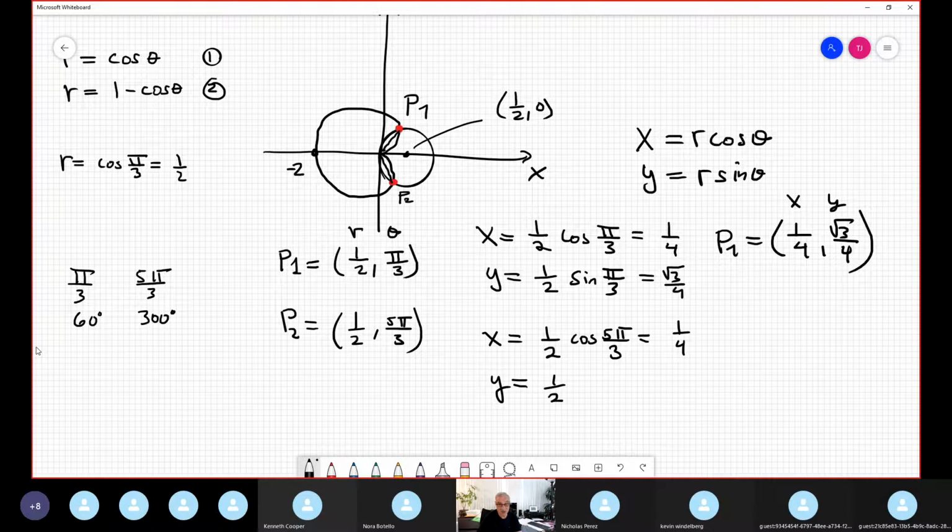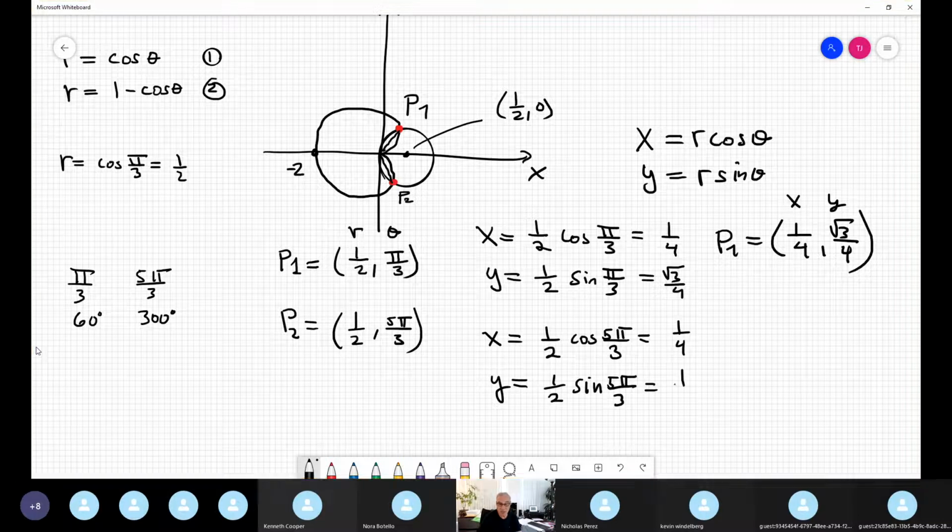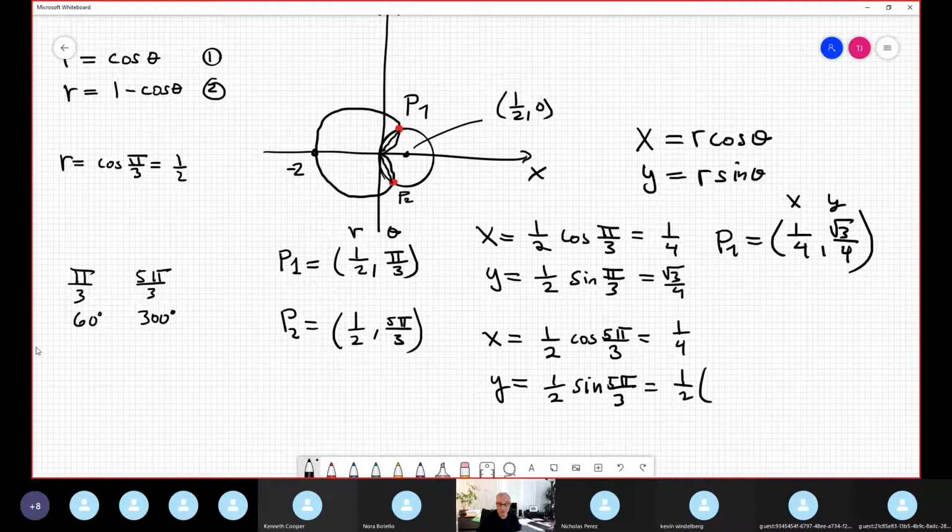So 1/2 times sine 5 pi over 3, and this is 1/2 times negative radical 3 over 2, not positive like this. And the answer is negative radical 3 over 4. So P2 is the point 1/4, comma, negative radical 3 over 4.